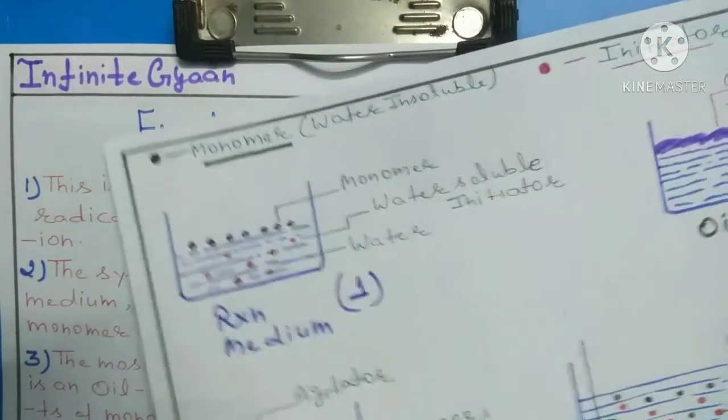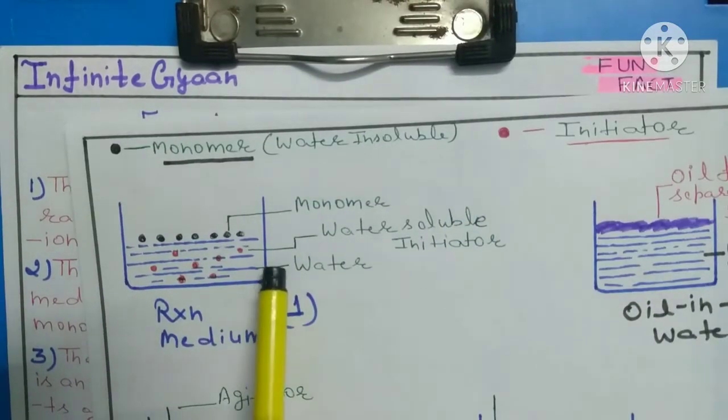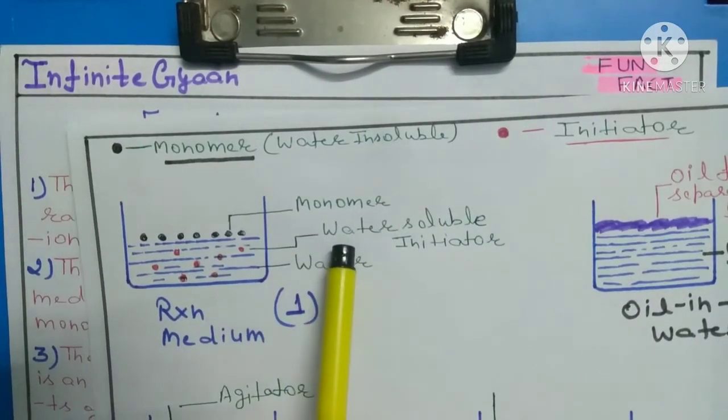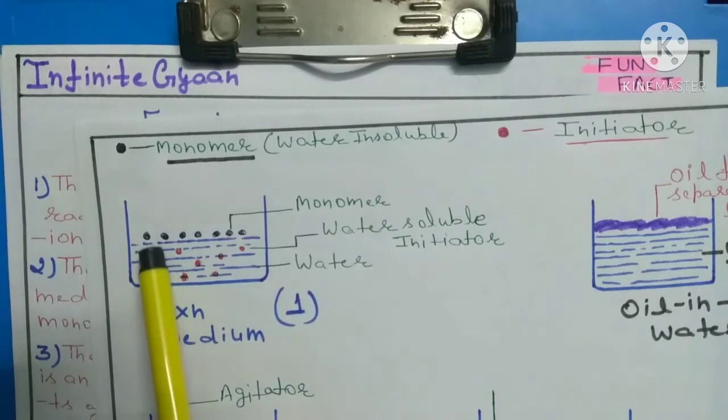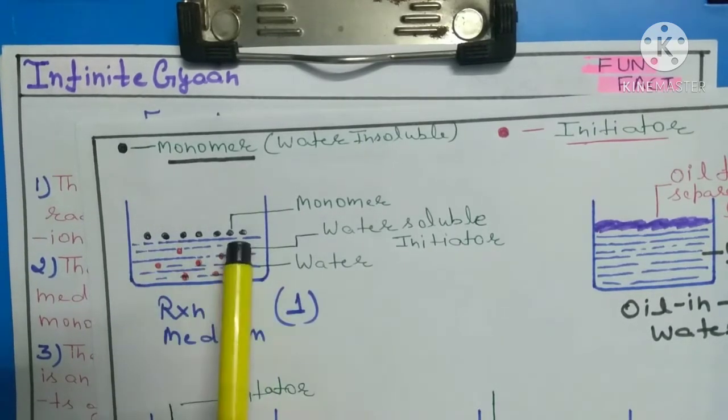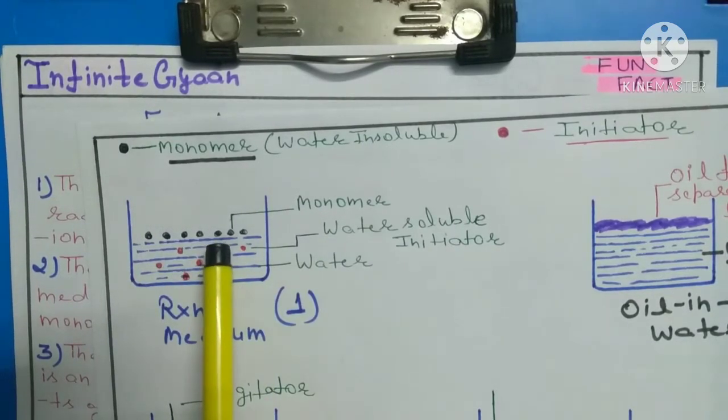In the reaction medium we have this water soluble initiator and the monomer, which is emulsified over the surface of the water as it is immiscible in the water.